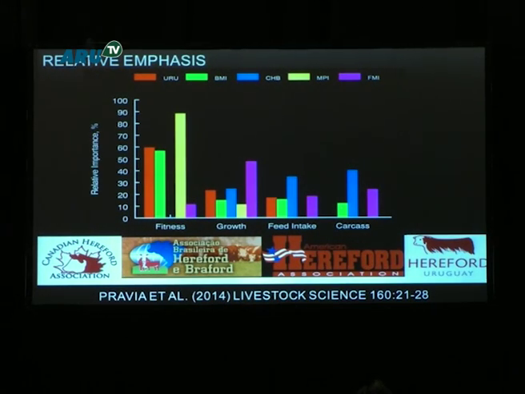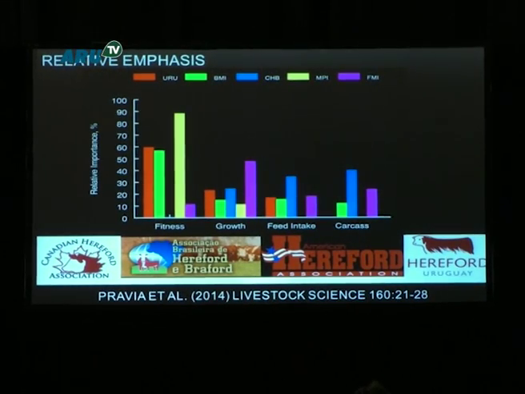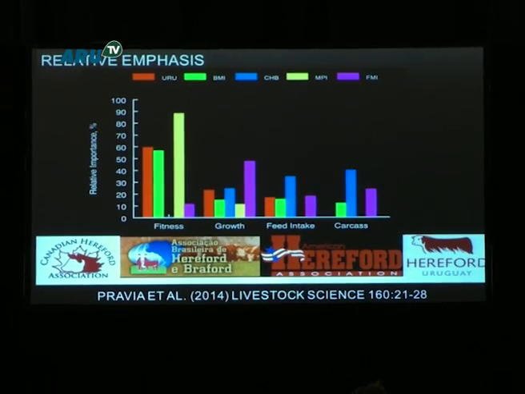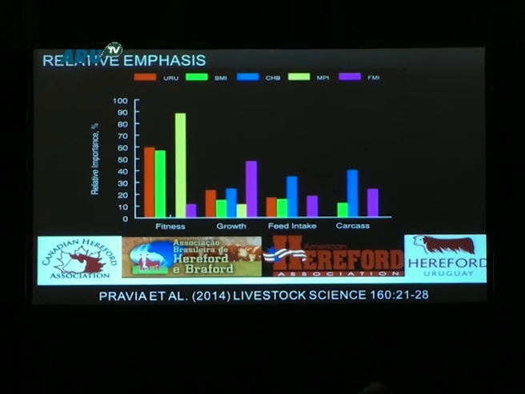Carcass merit is greatest in the CHB index, and then the Feedlot Merit Index in Canada, slightly less. This is interesting to me because of the similarities. I wouldn't make quite so much of the differences.